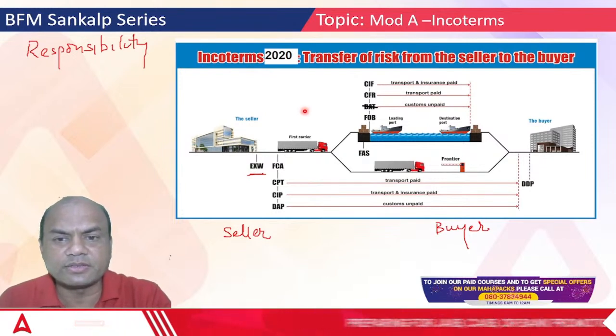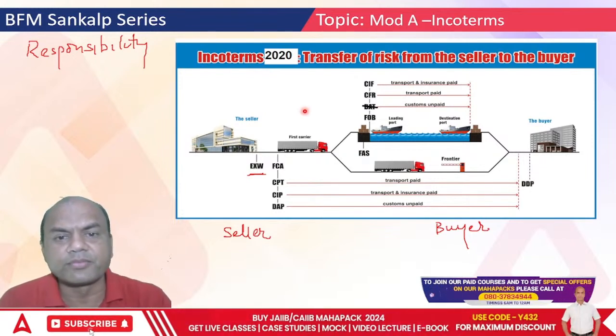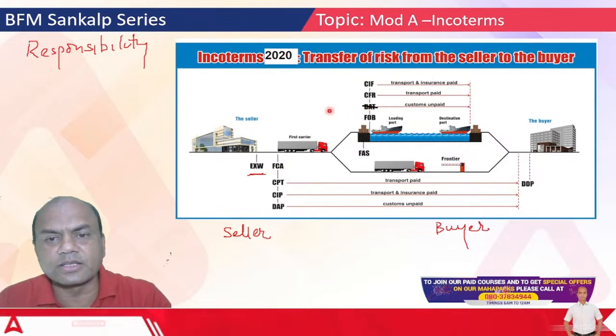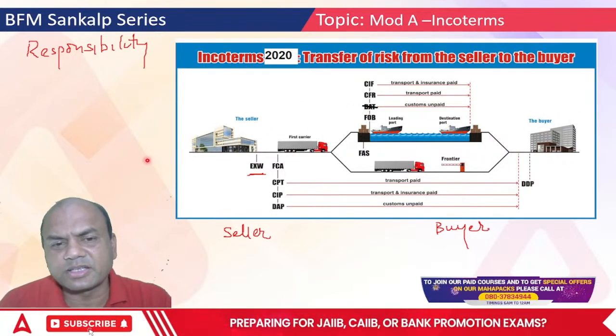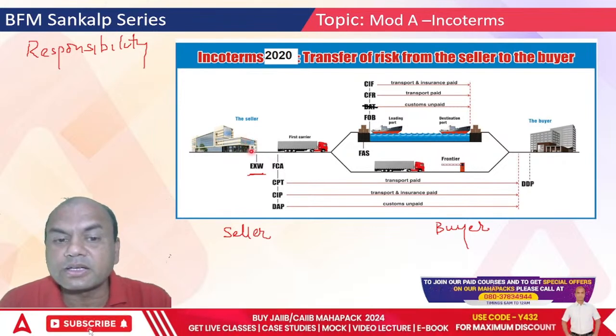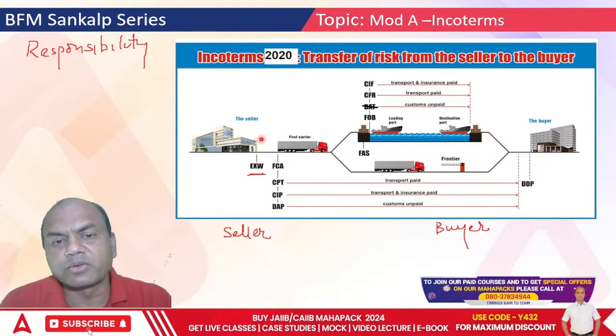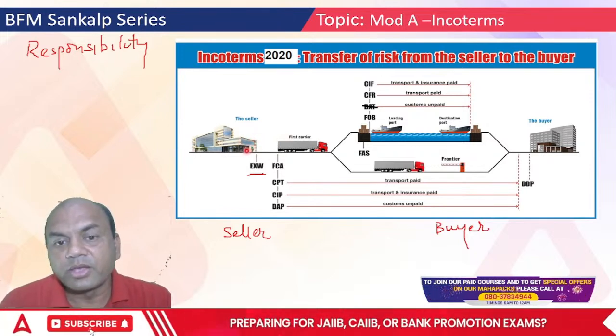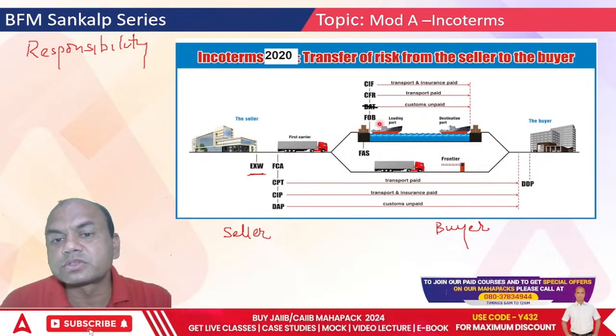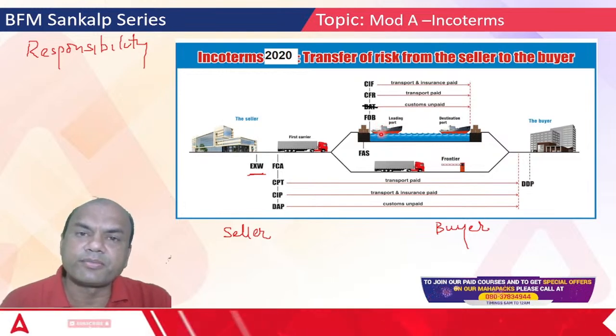Now it's simple to understand. Let's say the buyer is in the USA. Then the buyer will say, sir, coming to a factory and taking the goods is a difficult part. What I'll do is, you do one thing. Load these goods on the ship, and from there my responsibility will start.